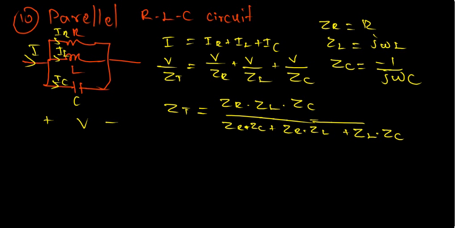So how to draw the phasor diagram: let's start from the voltage, because voltage is the common thing. The voltage drop across this, and IR is always in here.